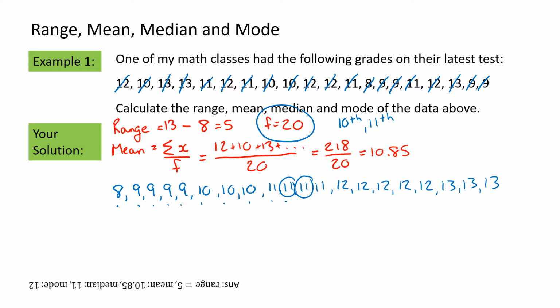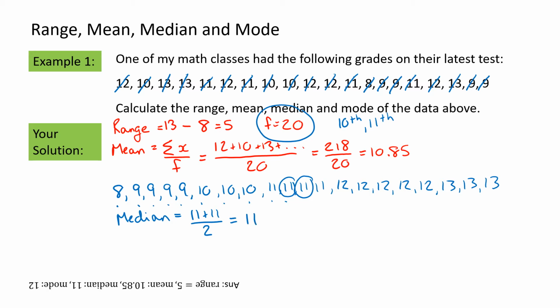So they're the same value. So if you have two values, your median is the average of those two, which would be 11 plus 11, divided by 2, since there's two numbers that we're finding the average of. So that would just give you the same value of 11, since the number's the same.